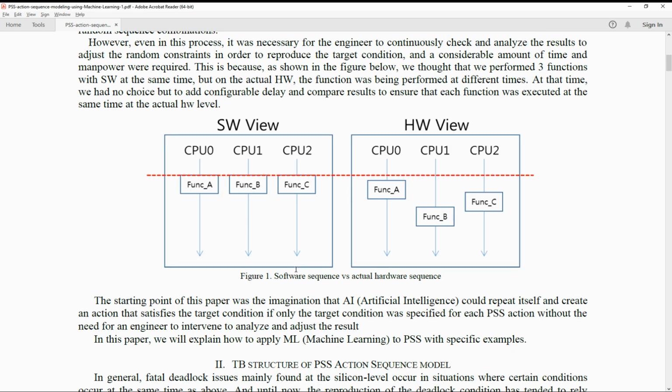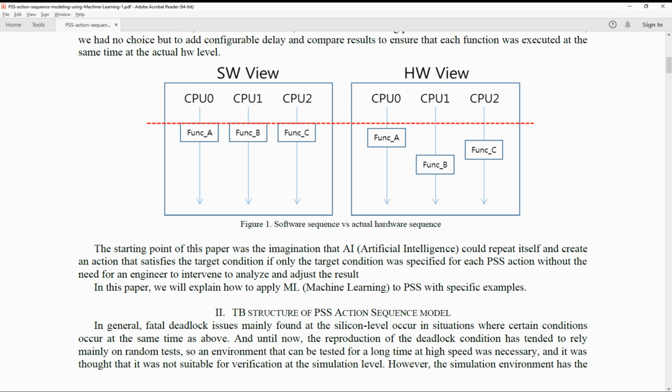Figure 1, software sequence versus actual hardware sequence. Software view: CPU0, CPU1, CPU2, function A, function B, function C. Hardware view: CPU0, 1, 2, function A, function C, and function B.